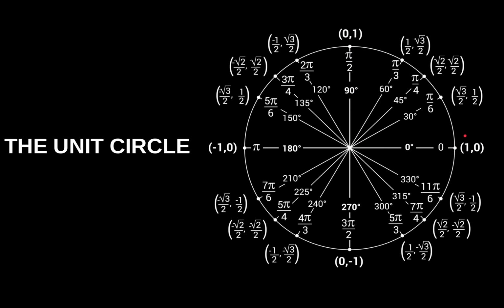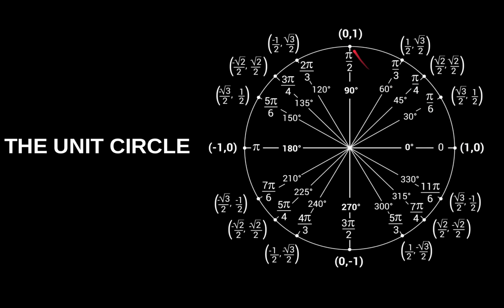At 0 degrees, it's 1, 0. So our adjacent side is going to be 1. Our opposite side is going to be 0. And this should give you a clue about why cosine of 0 is 1, because the adjacent side is 1. Hypotenuse is also going to be 1. This is still considered the hypotenuse. 1 over 1 is 1.